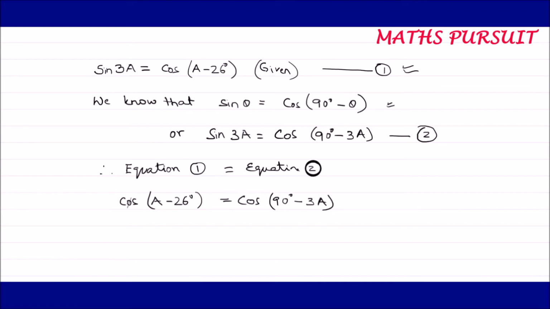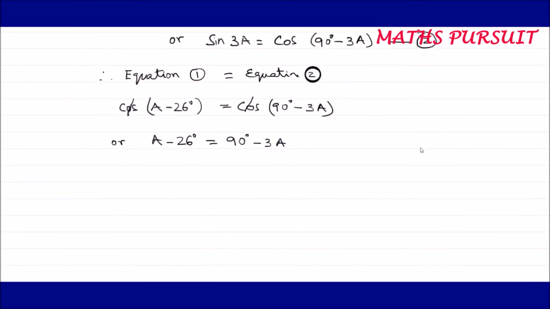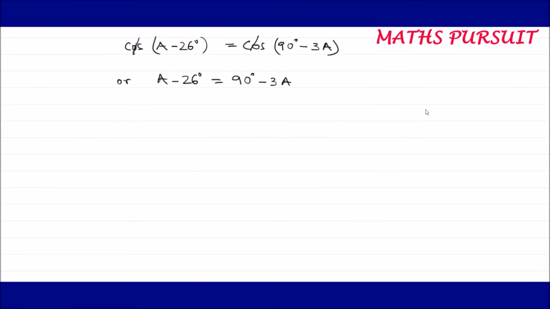You could see that this cos and this cos cancel out. I can write a minus 26 degree is equal to 90 degree minus 3a. Moving 3a from right to left, a plus 3a is equal to 90 degree plus 26 degree, moving 26 degree from left to right.